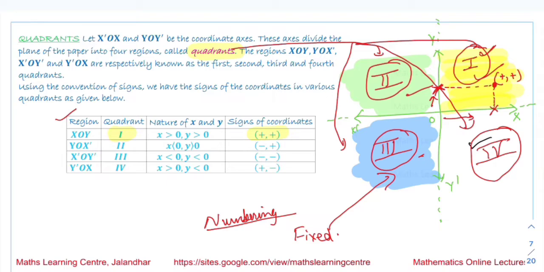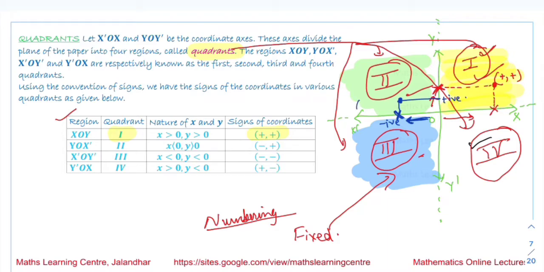So the signs of the coordinates for the first quadrant are both positive. Now if we talk about the second quadrant, suppose I am considering a point in the second quadrant. I draw a perpendicular on the y-axis and on the x-axis. This point on the x-axis is on the left side of 0, so the value of x will be negative and the value of y will be positive.